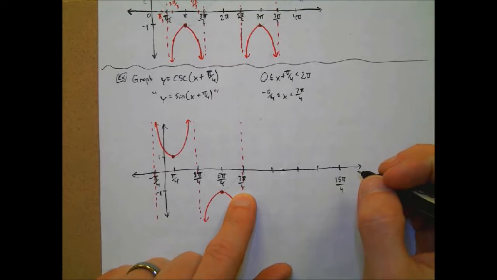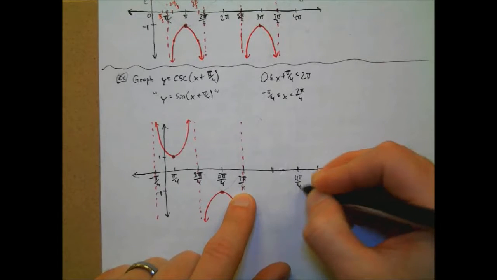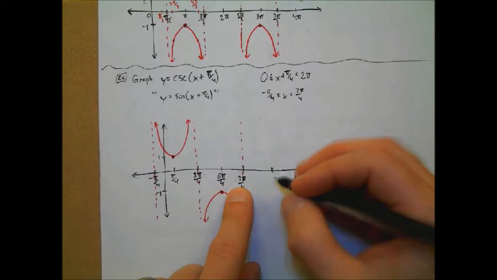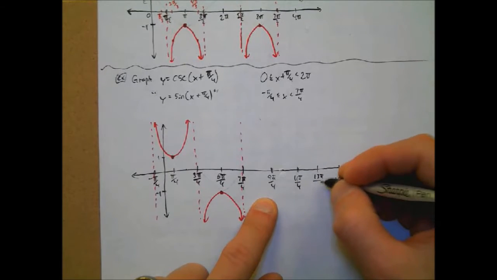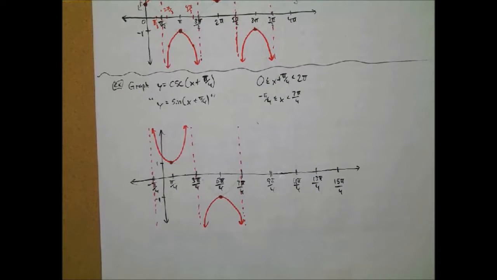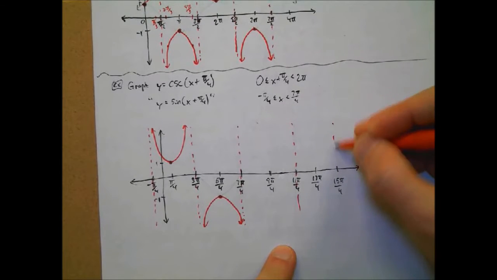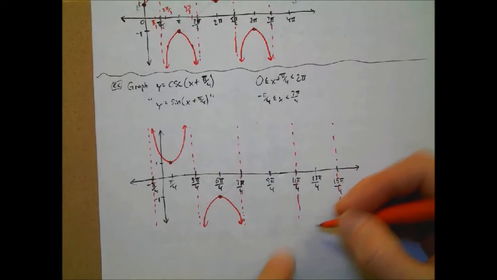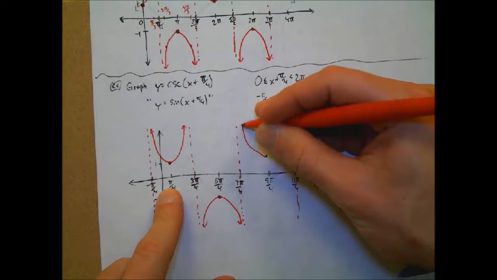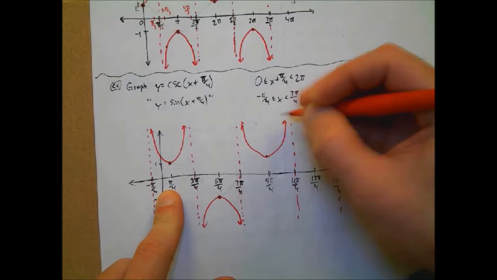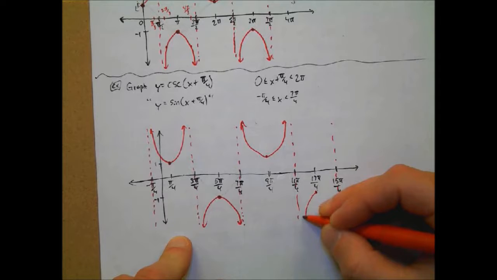Just count by 2: 7 pi over 4, 9 pi over 4, 11 pi over 4, 13 pi over 4. So we'd end up with another asymptote right here, an asymptote right here, and then it'd be at 1 again, and then negative 1 right there, if you wanted to extend it.